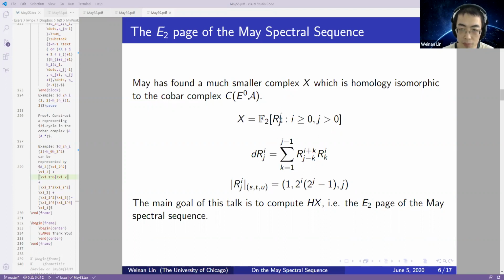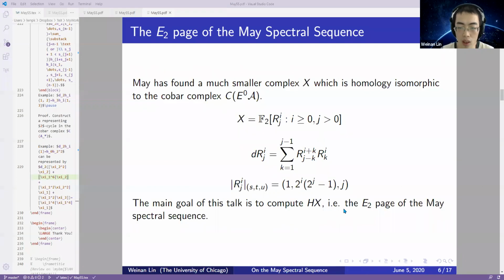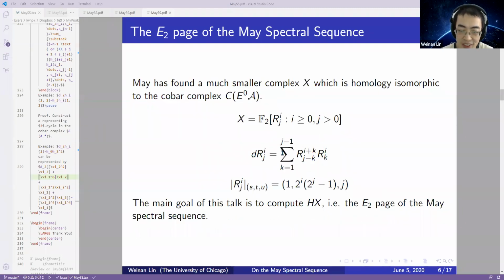It's a polynomial algebra, and this differential corresponds exactly to the coproduct of the ξ. Now I have some tricks to remember this differential formula.